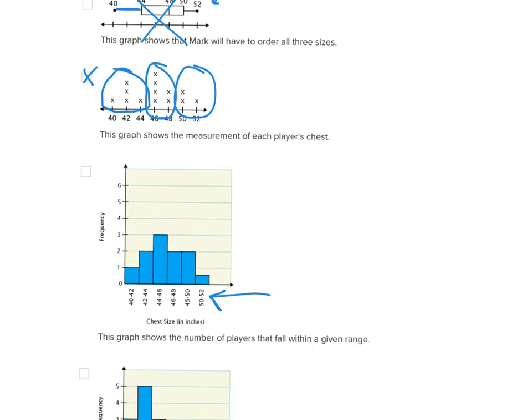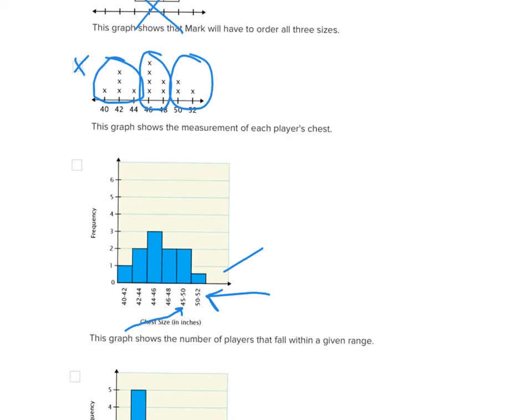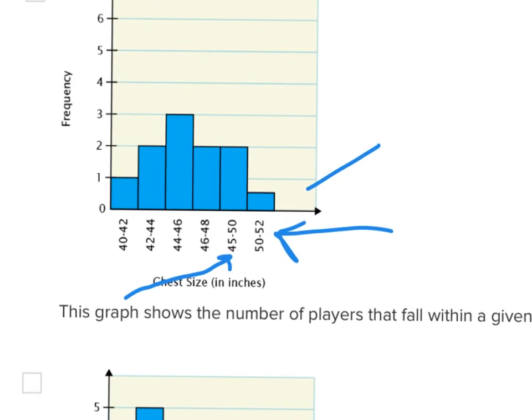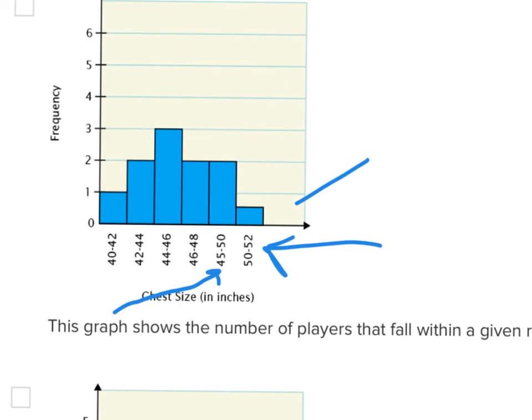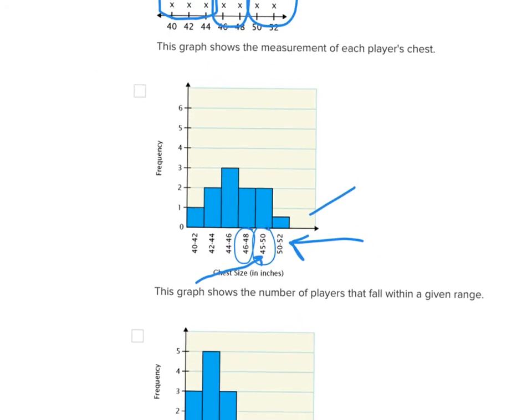What I'm looking at is right there. 45 to 50. Let's take a closer look. 45 to 50 includes 46 and 47 and 48, and so does that. That's a bad histogram. That's not going to be helpful. So that is not going to help us order.